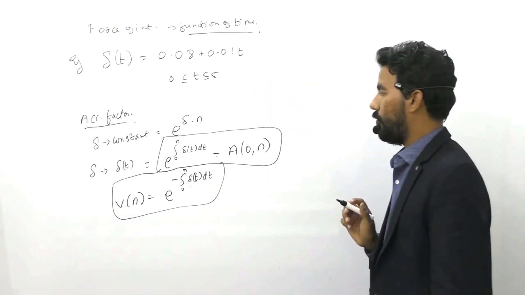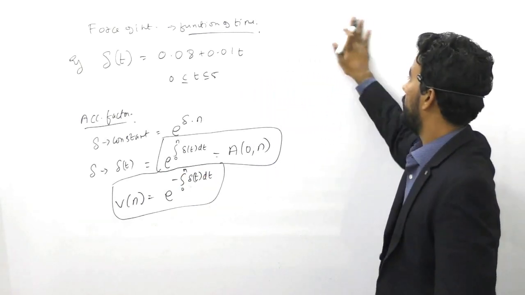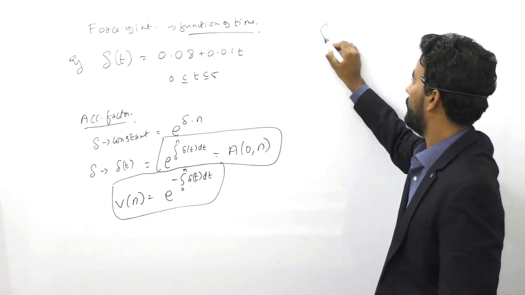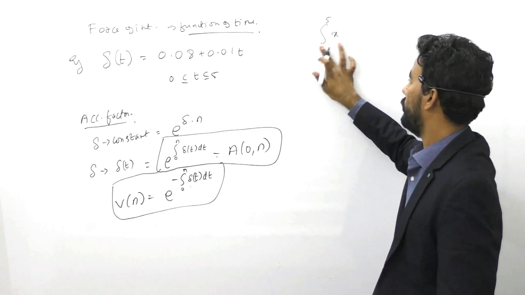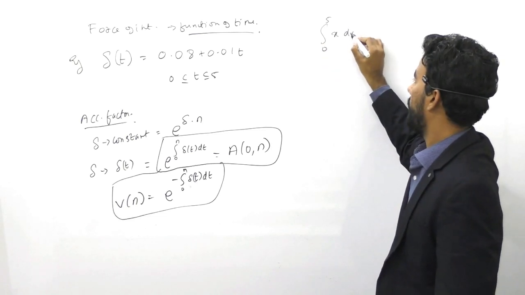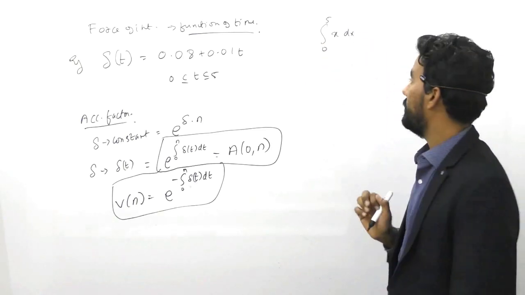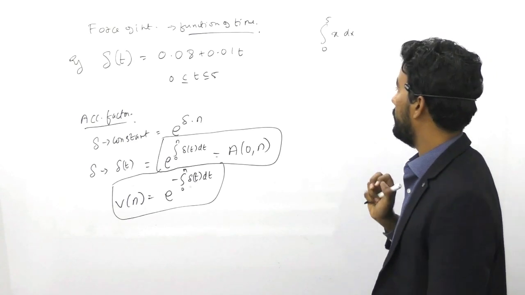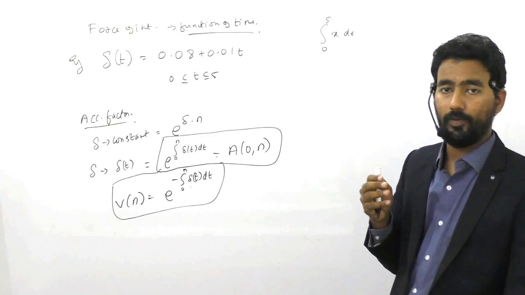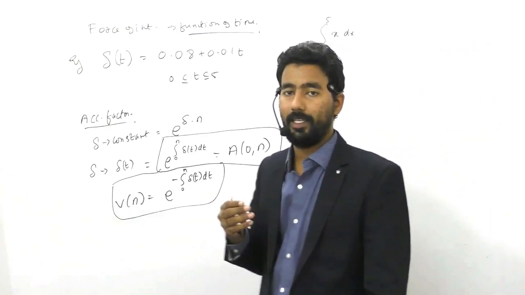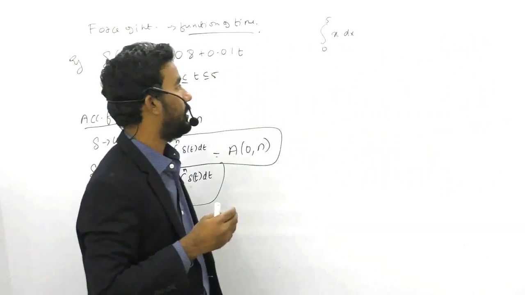So what is basically integration? When you integrate something, let's say I integrate x from 1 to 5 or from 0 to 5, what really happens is this integration splits your function x into small parts. It tries to find out what are the values that x can take in the range that you have specified.